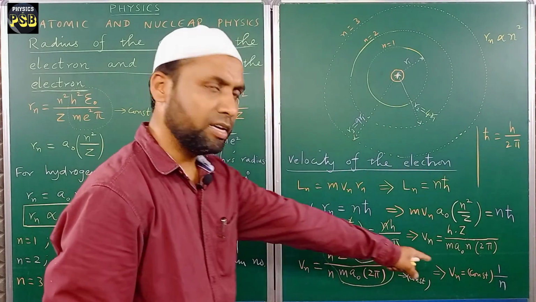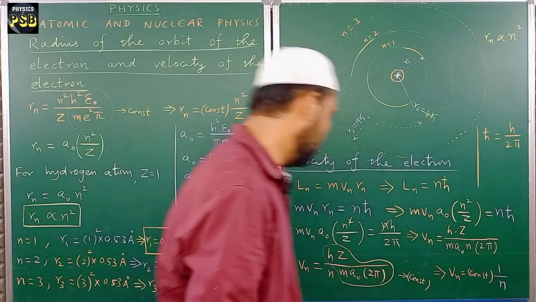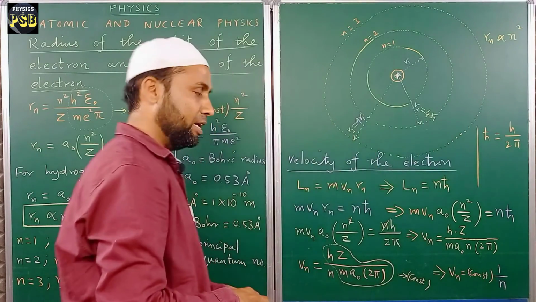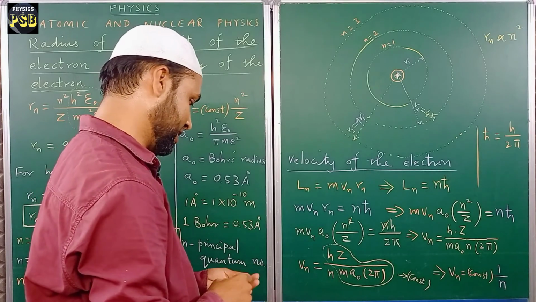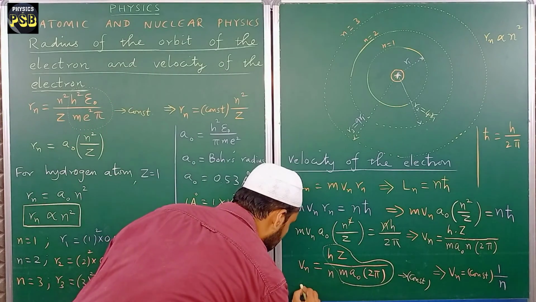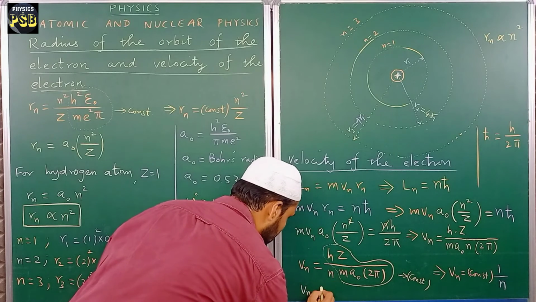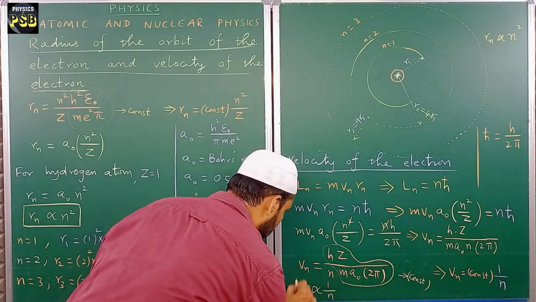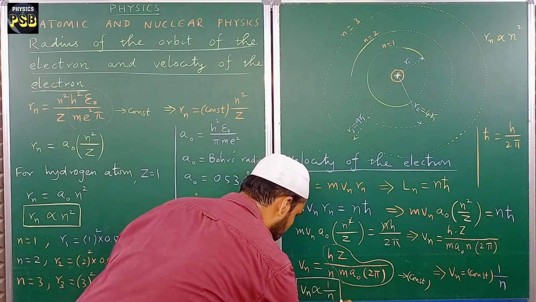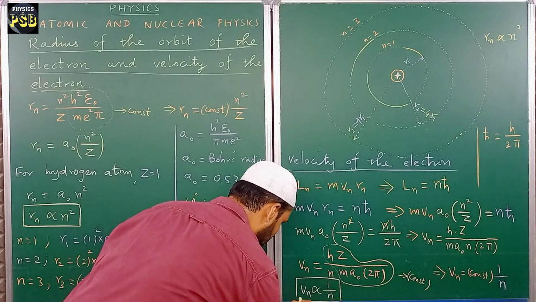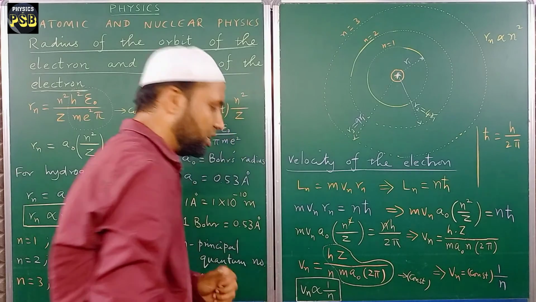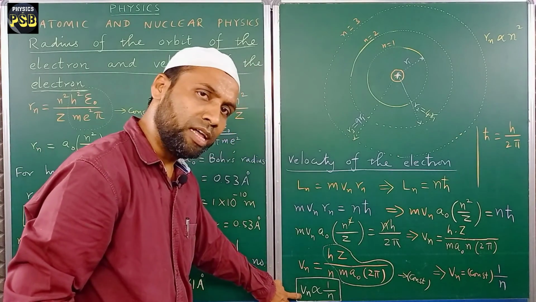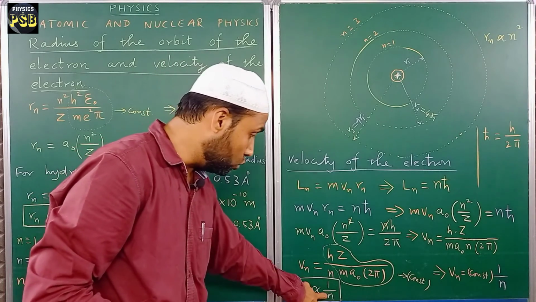Here n is a principal quantum number. So on combining the equal to sign with the constant, I get this equation: Vn is inversely proportional to n. I box this for better visibility. This is the final expression which relates the velocity of electron in nth orbit to the principal quantum number.